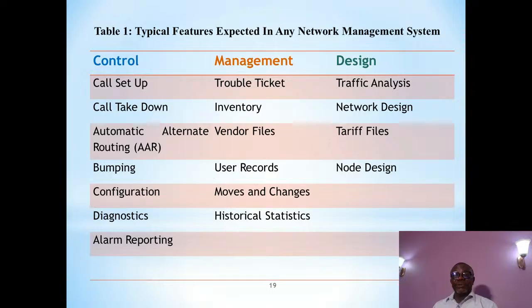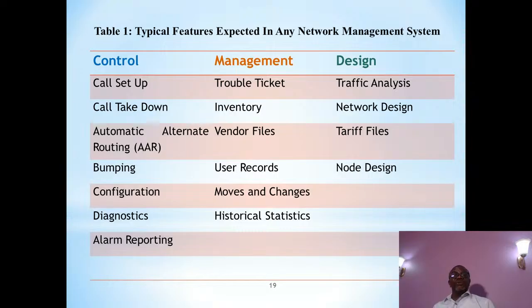Now, in a tabular form, let's see the typical features that are expected in any telecommunication network management system. We've said that there are three of them: the control, the management, and the design. Under the control, you have to control your call setup, your call takedown. If it is in a GSM system, you start talking of call handover to another substation for a mobile user.